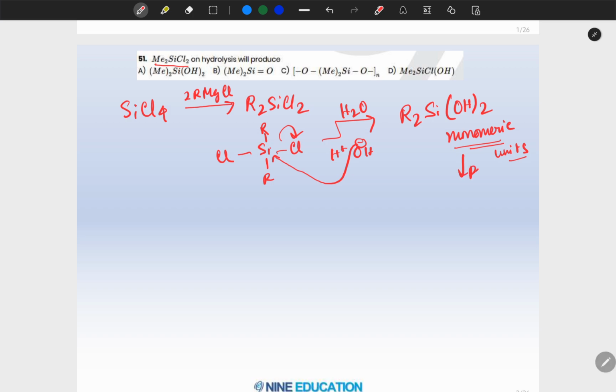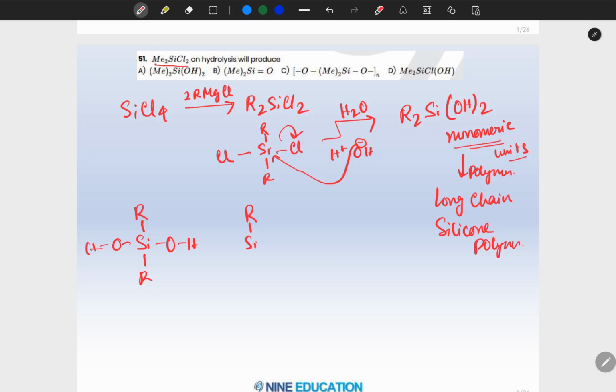The monomeric units will undergo polymerization, resulting in the formation of a long chain silicon polymer. The polymerization will actually occur in this manner. This is one molecule over here.